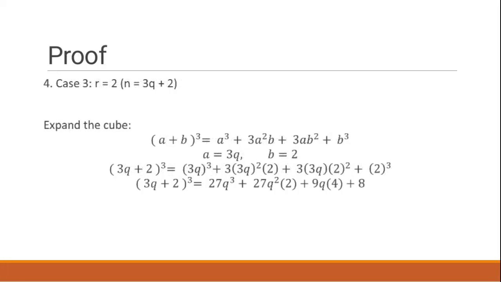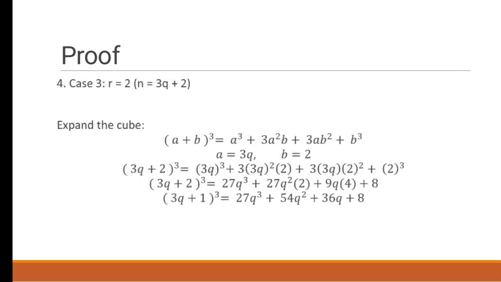Next, by simplifying the quantity of 3q plus 2 cubed, we will get 27q cubed plus 27q squared times 2 plus 9q times 4 plus 8. We will then have 27q cubed plus 54q squared plus 36q plus 8.